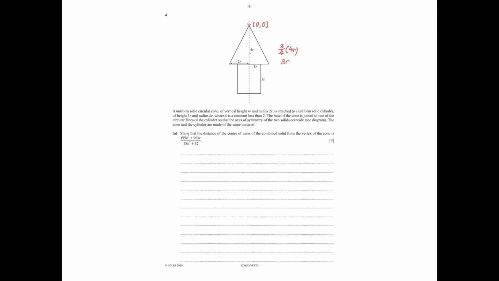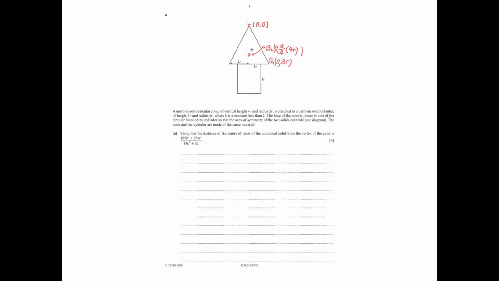So let's say I assume the coordinates to be here and I call it G2. The coordinates of G2 will take the value of 0, 3/4 times 4r, which is 0, 3r.